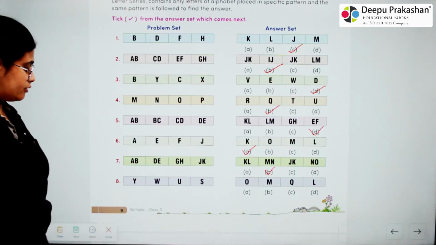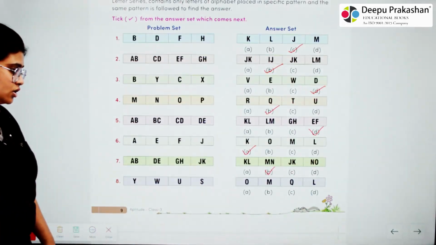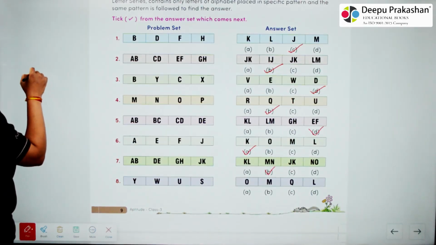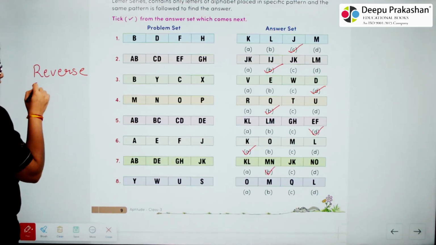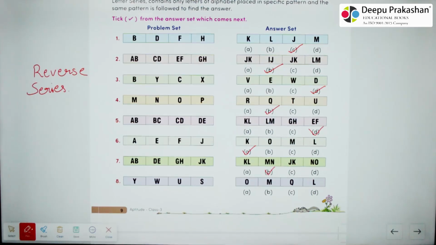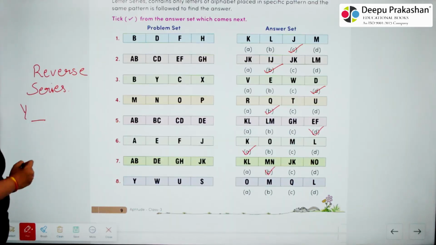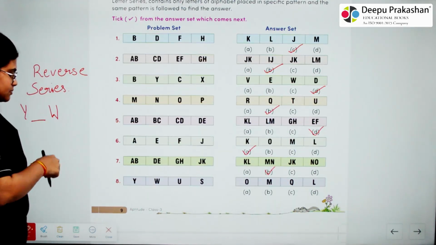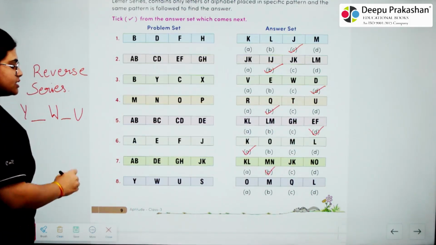Coming to the 8th one, we are given Y, W, U, S. So we can easily say this is a reverse series. And here also there is a difference of 1 letter. Before Y it's X, but X is missing. Before W it's V, V is missing.